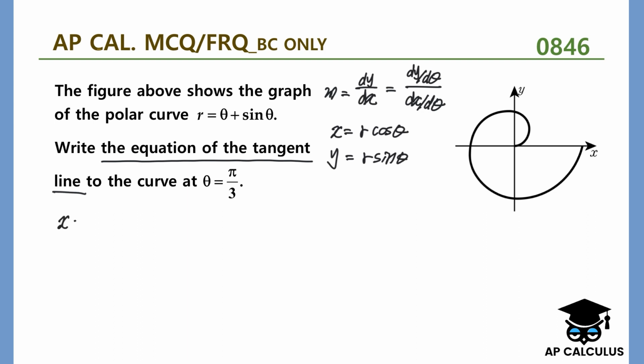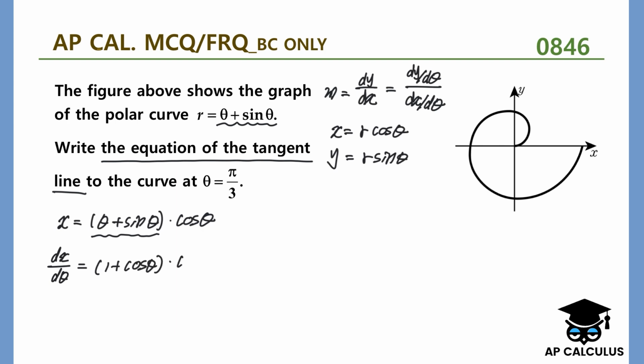So our x is equal to, r is θ plus sin θ, so (θ + sin θ) times cos θ. dx/dθ is then, by applying the product rule, the derivative of this with respect to θ, that's 1 plus cos θ, and we have cos θ, plus we have θ plus sin θ times the derivative of cosine, which is negative sine, right? So at θ equal to π/3, I'm going to substitute π/3 here.